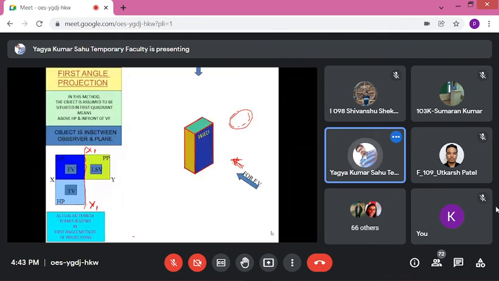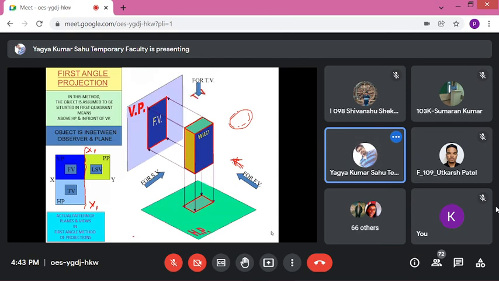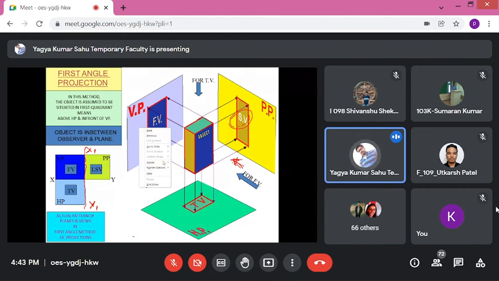If you place another plane here somewhere in this particular position, let me try to draw it if possible.